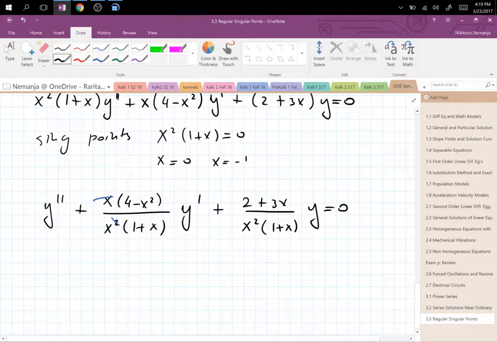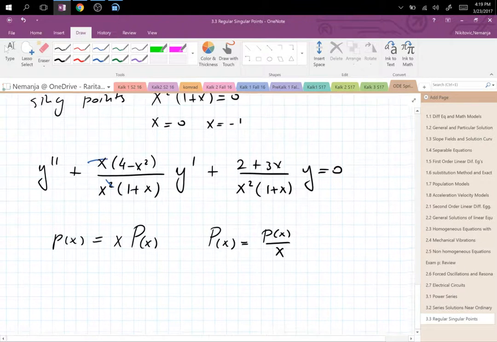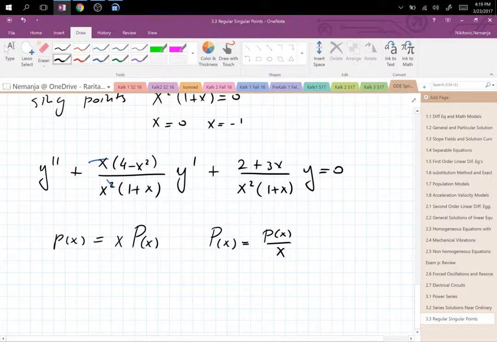Remember that little p of x is equal to x p of x, right? That was from the last time. So I do have this x at the bottom right here, right? So if you think about that, the big p of x is equal to lower p of x over x, and that's what you have.